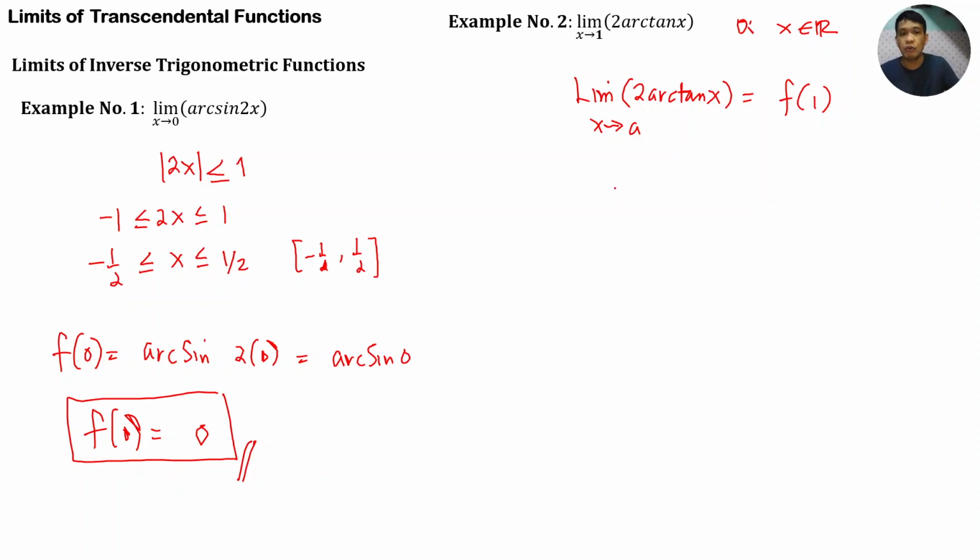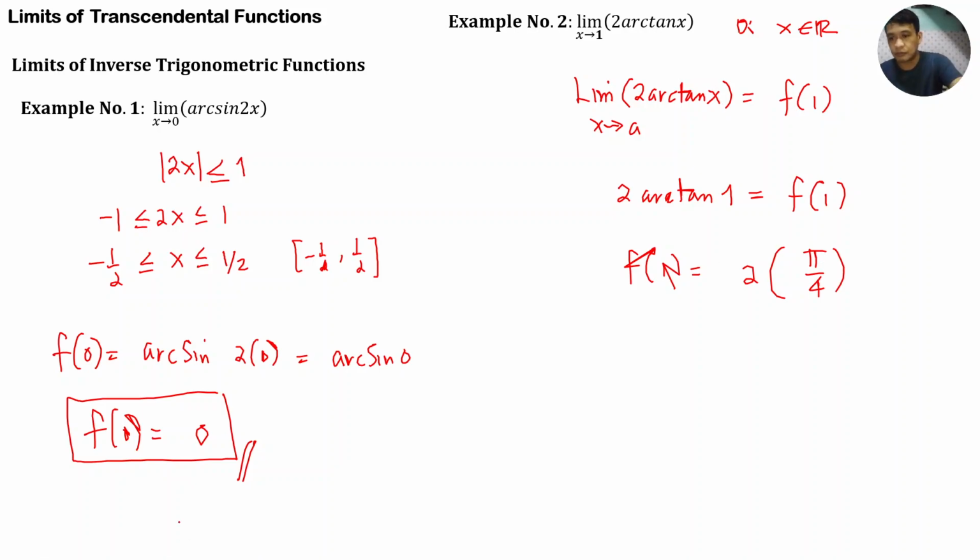So substituting, we have 2 arctangent 1 is equal to f of 1. Then f of 1 is equal to twice of pi over 4. And pi over 4 times 2 is equal to pi over 2. So therefore, f of 1 is equal to pi over 2.